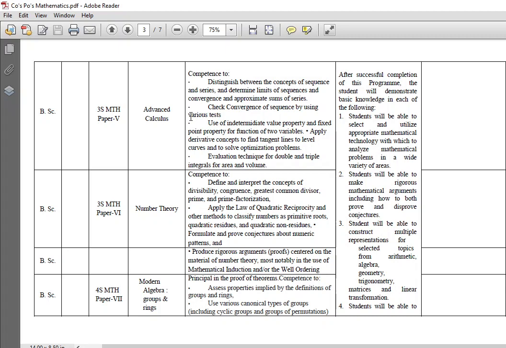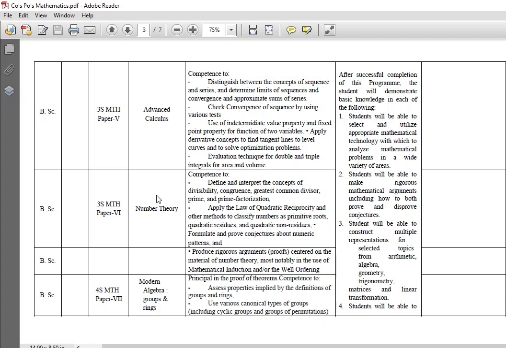Then you can apply the derivative concept to find the tangent lines to level curves and to solve optimization problems. After that, there are double and triple integral problems in the last chapter of this paper, advanced calculus. There we can study the evaluation technique for double and triple integrals for area and volume.